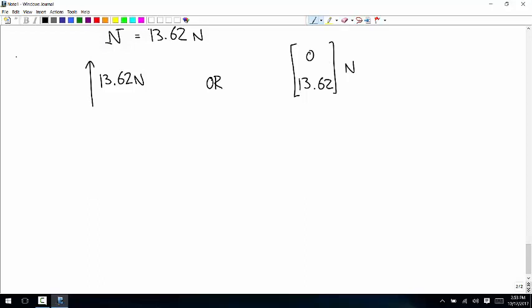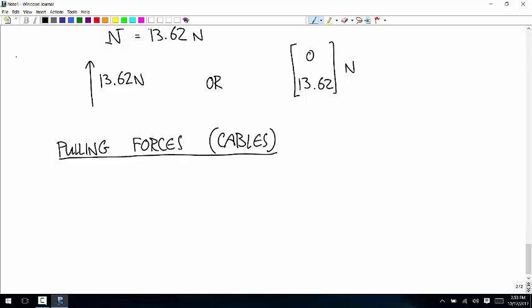Okay, the second type of contact force that we're going to deal with is pulling forces. And like I said, even if there's no cable in the problem, we can always assume that there's a cable. That's sort of how I'm going to think about that as we go through problems.